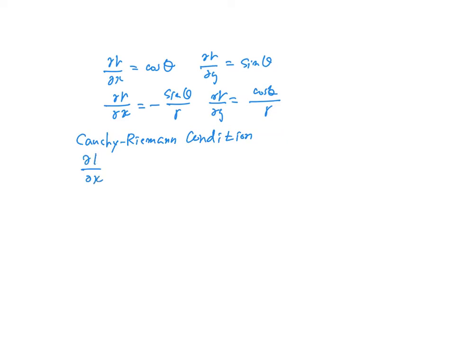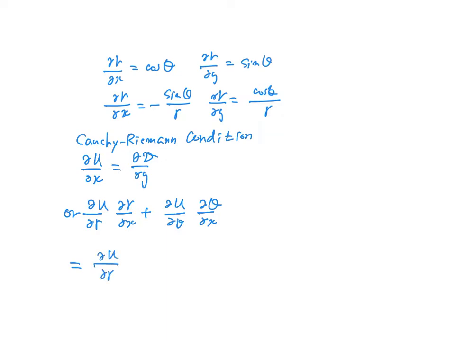Partial x, partial u is partial y, partial v. Or partial r, partial u, partial x, partial r plus partial theta, partial u, partial x, partial theta. This happens to be partial r, partial u, cosine theta plus partial theta, partial u, minus 1 over r sine theta.